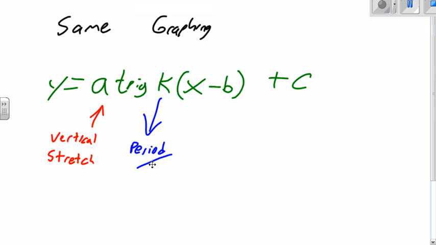You just divide the period by k, and that's your new adjusted period. B is your horizontal shift. And c is your vertical shift.